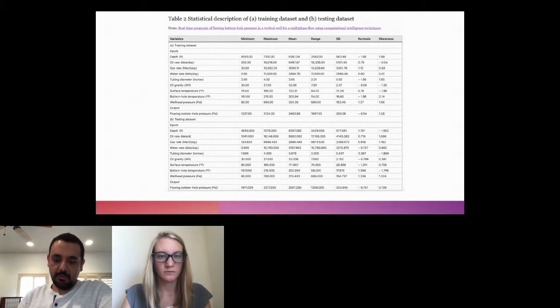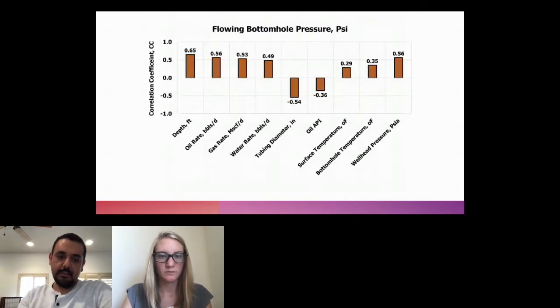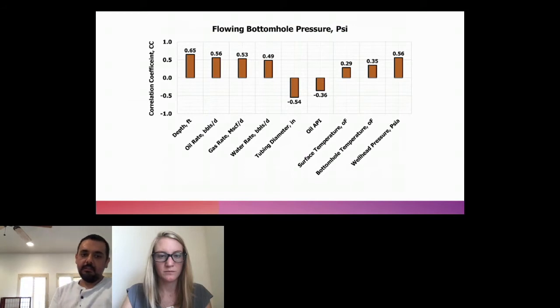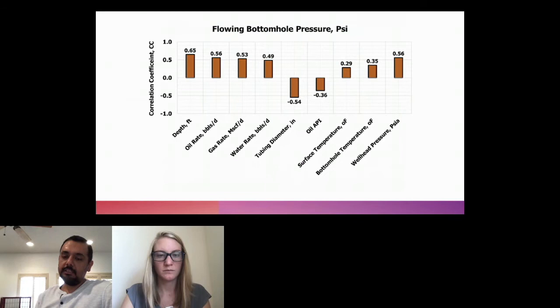This is the chart that is showing us the correlation coefficient between flowing bottom hole pressure and all these temporal data sets.